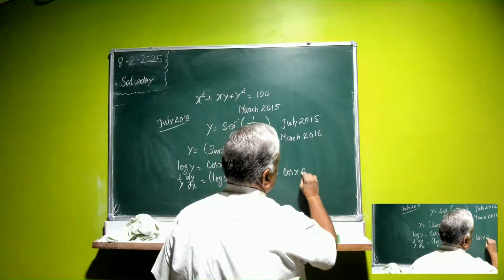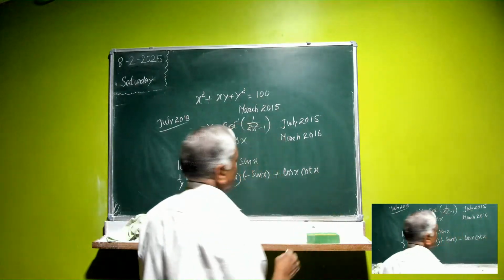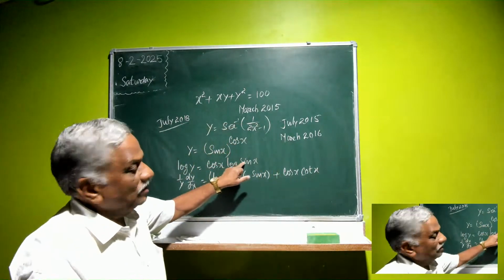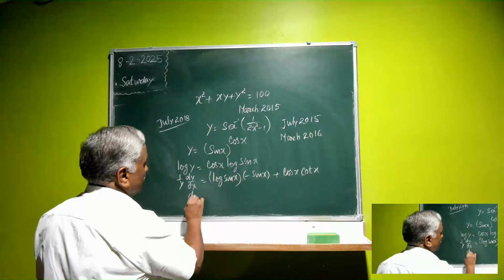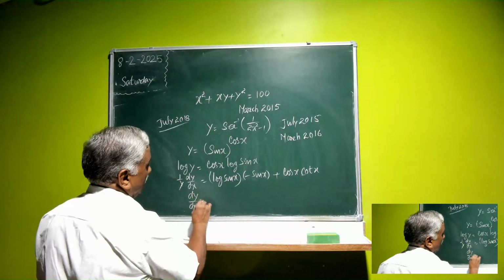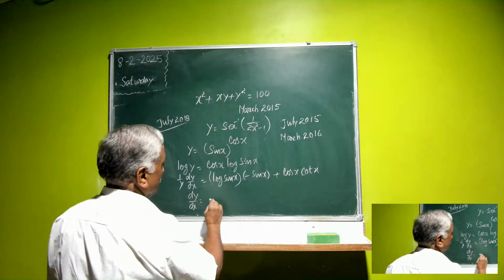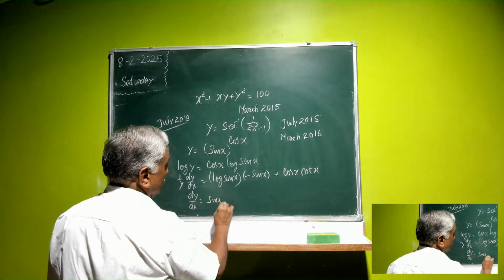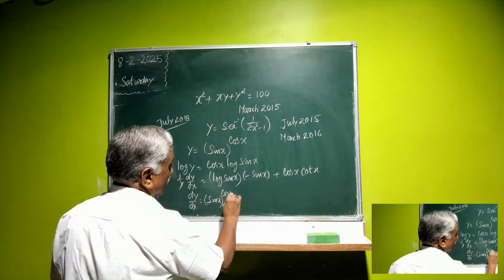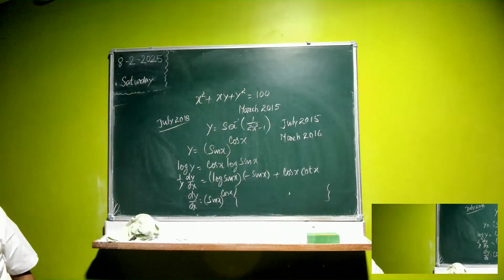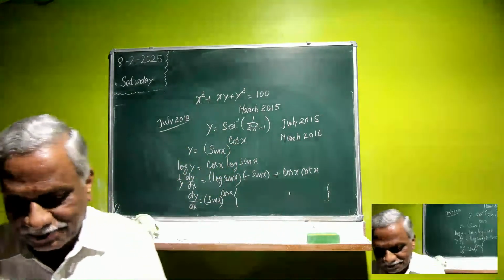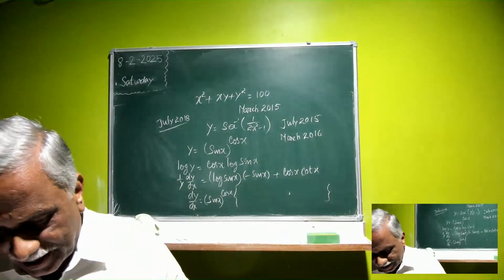Numerator cos x, you can write that as cot x. I am saving some time. Log is 1 over sin x and sin x is cos x. So what is the final answer? Dy by dx is equal to sin x to the power of cos x into same thing you can read. So wherever I can save time, I am just saving it.